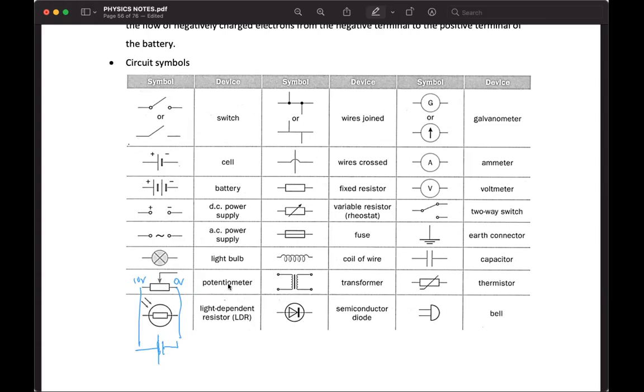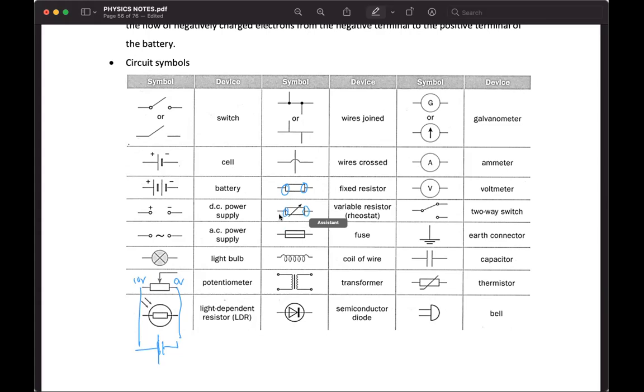So this potentiometer is like a resistor with three points. Okay, a normal resistor only got 2 points. Point on the left and point on the right. Okay, so for a potentiometer, it's the same resistor with a third point in the middle where you can move around. Is that clear?